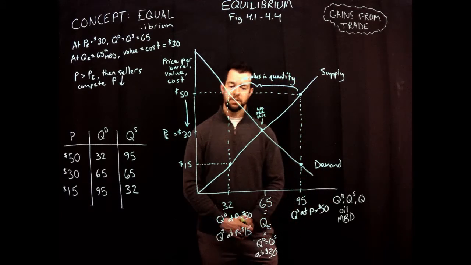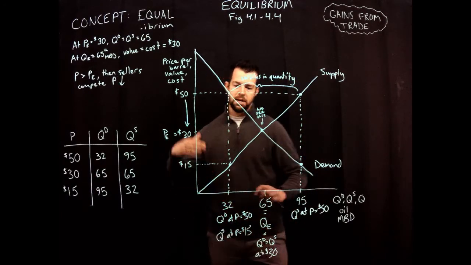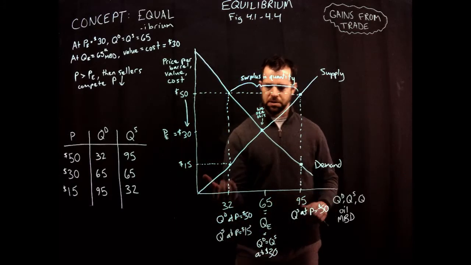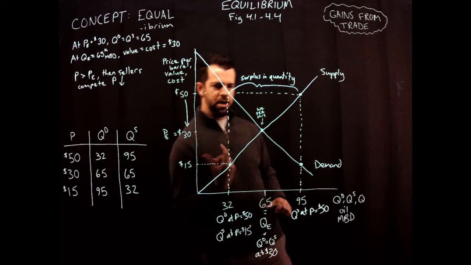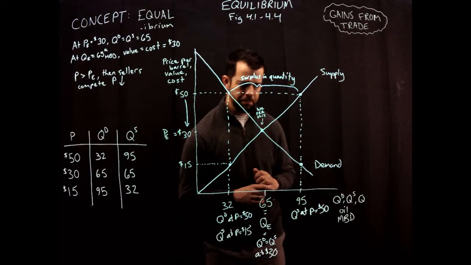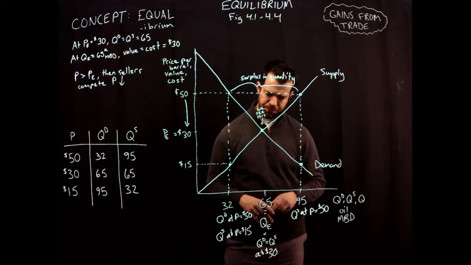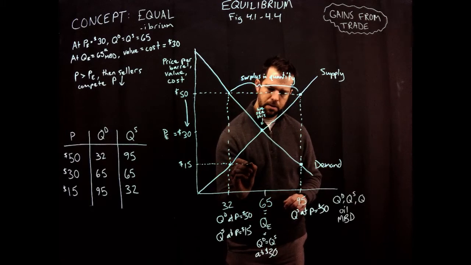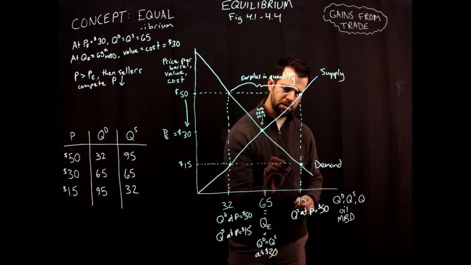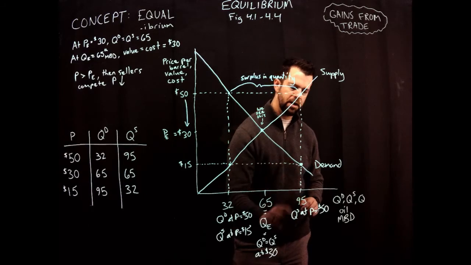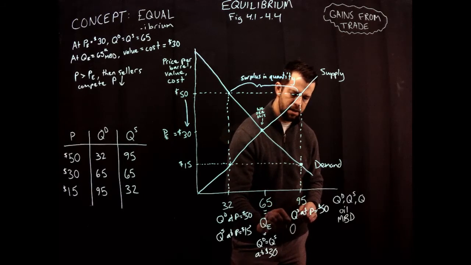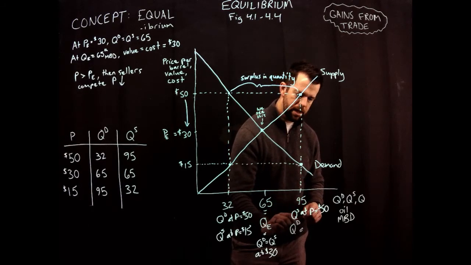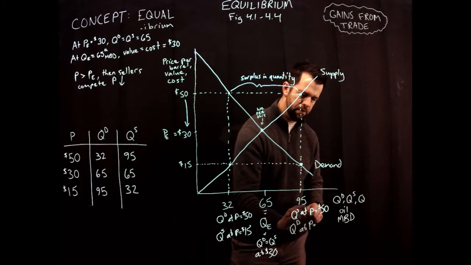The price in this case is really low, so only the lowest cost producers can produce this unit. Next up, we've got the quantity demanded. We keep following this price line to see how much consumers want to buy. When we hit the demand curve, we get the quantity demanded at a price of 15.